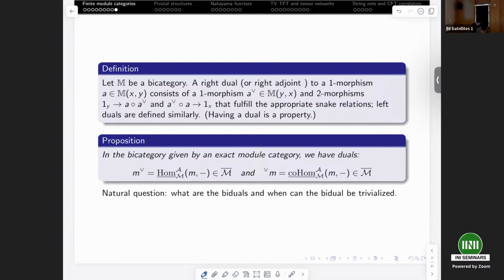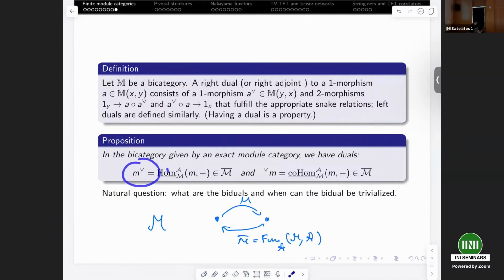So if I take the dual of something in the module category M, remember we had M going this way, but we have in the other direction M bar, which was a module functor from M to A. Then you compute and you see that the dual, almost by definition, actually, the right dual is the Hom and the left dual is the coHom.